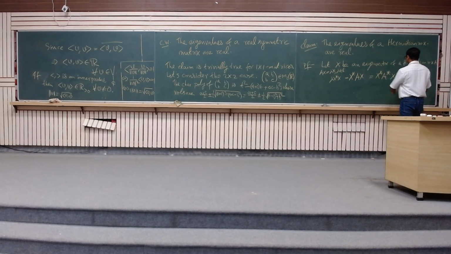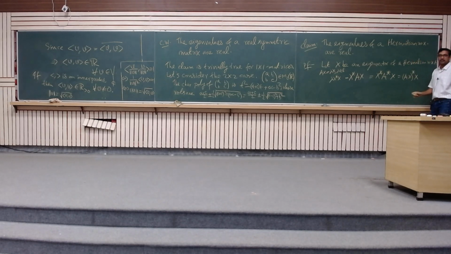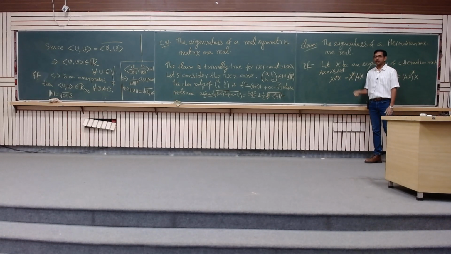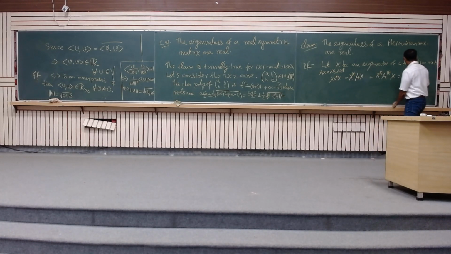And here we have, this is also (Ax) star x. Now, Ax is lambda x, therefore (Ax) star is (lambda x) star, and lambda comes out, not as lambda, it is bar transpose. So lambda bar comes out, right. So this is lambda bar x star x. So lambda x star x is equal to lambda bar x star x.